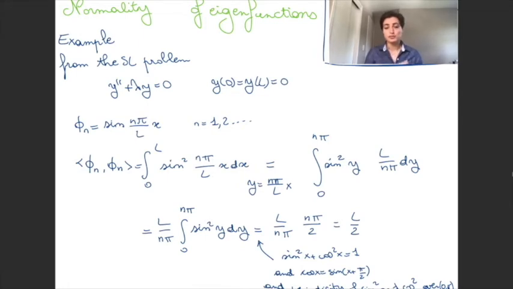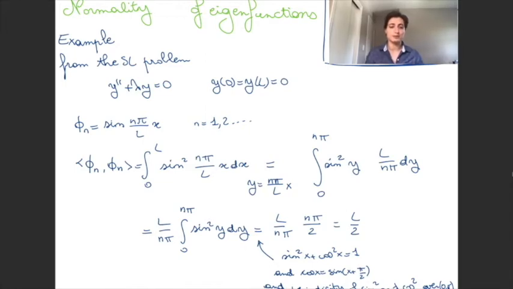There are two things we can use to solve this integral that we want to combine. The first is that sin squared plus cos squared is equal to 1 for any point, and the cos is a shift on the sine. We can also use the periodicity over 0 to pi.